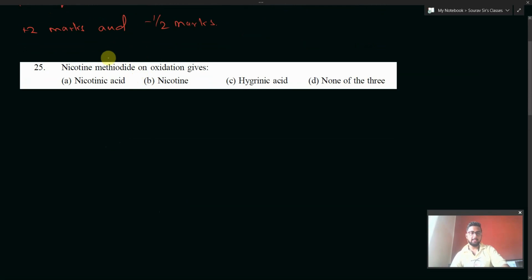If you know the oxidation mechanism, you can handle any structure given certain reagents, but as I have already explained in earlier videos, the main problem is that often the name of the compound given to you is itself unknown. So how can you proceed with the mechanism? Let me draw the structure of nicotine methiodide for you.